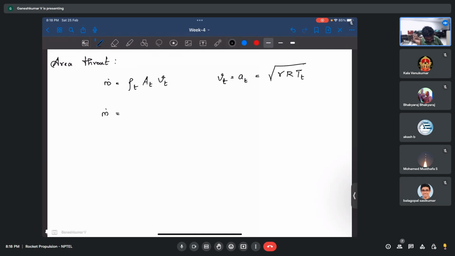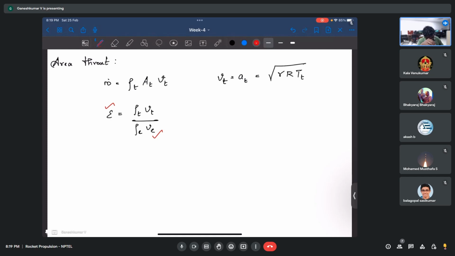What is the expansion ratio going to be? We don't know the expansion ratio. It's going to be rho t Vt by rho e Ve. Is that what you are telling? Yes, sir. So here we don't know the jet velocity. We don't know the expansion ratio, right?